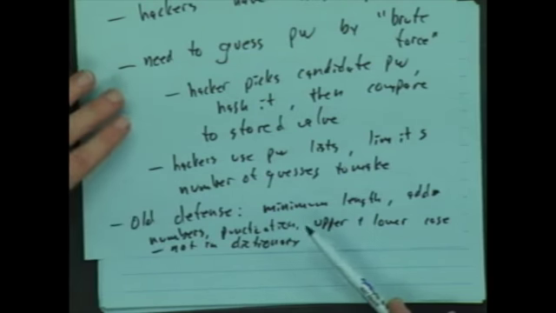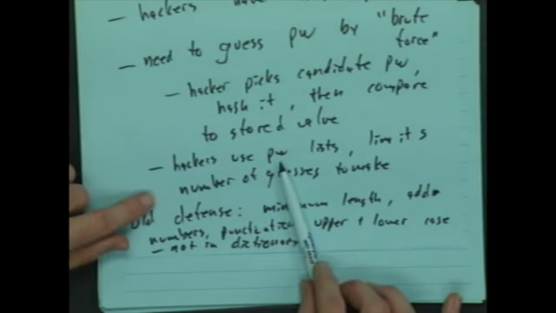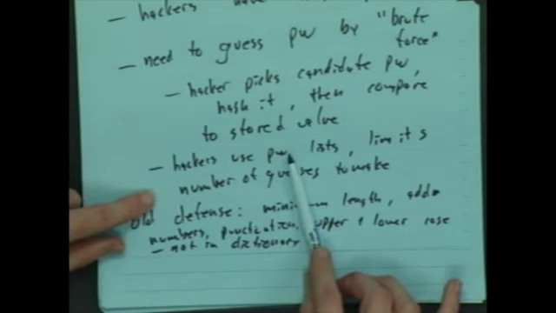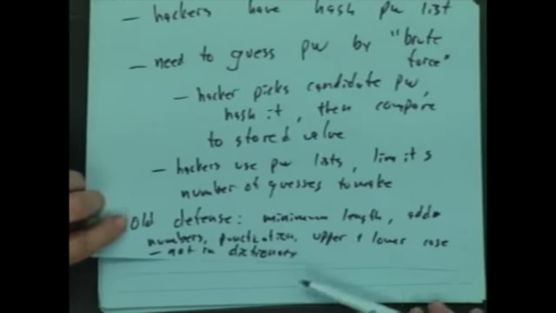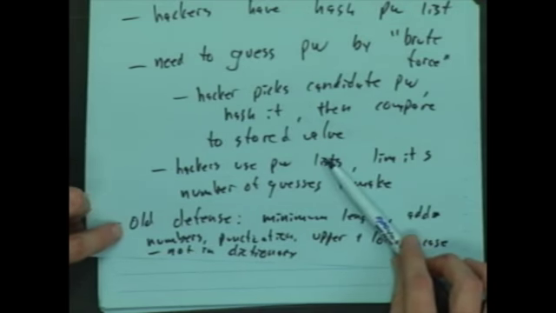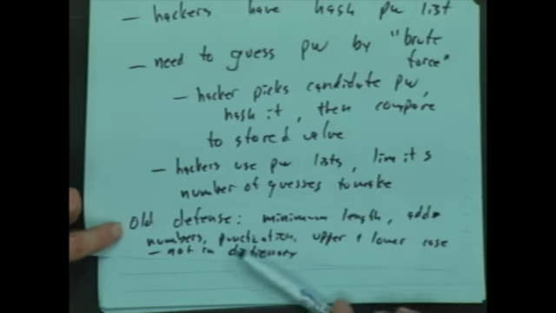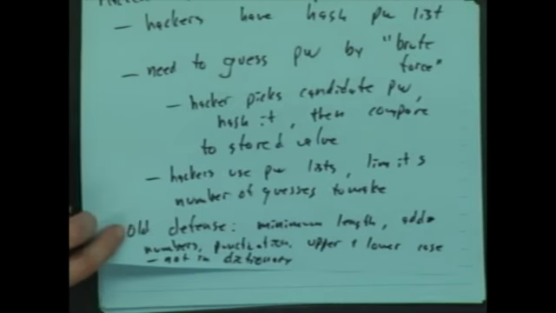That's negative on security, right? Because now the hacker knows if it's an ODU password, it has to have this in it. And now that's part of my guessing scheme, right? That's really stupid. So what they should do is look at the password list and say, is it in a password list? And then look at the complexity and go from there.